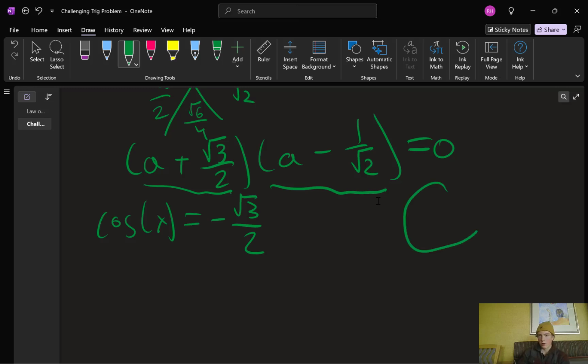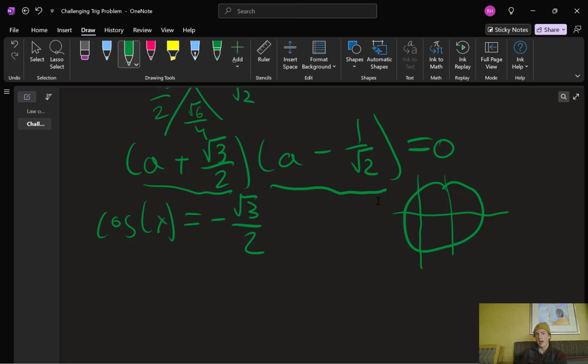If we draw a unit circle real quick, we know negative square root 3 over 2 will only happen along x values that are negative square root 3 over 2. It's going to be one of the pi over 6s, some sort of factor of that.